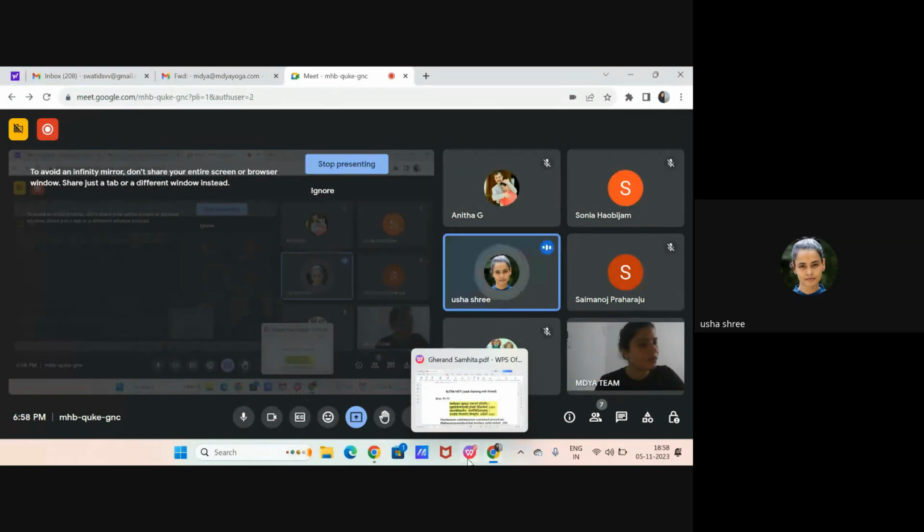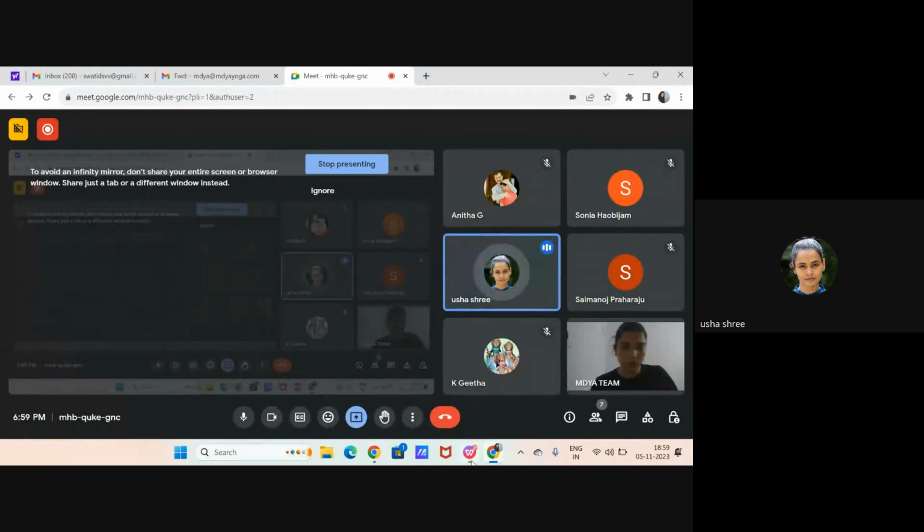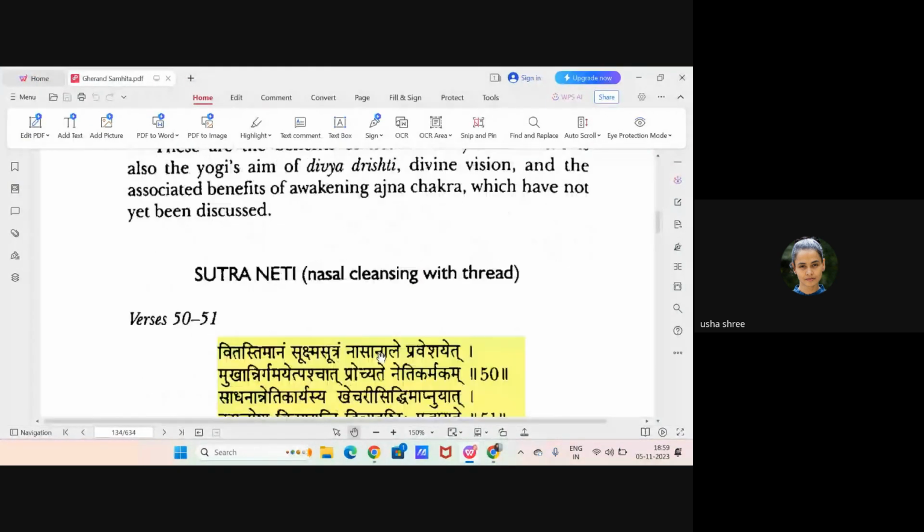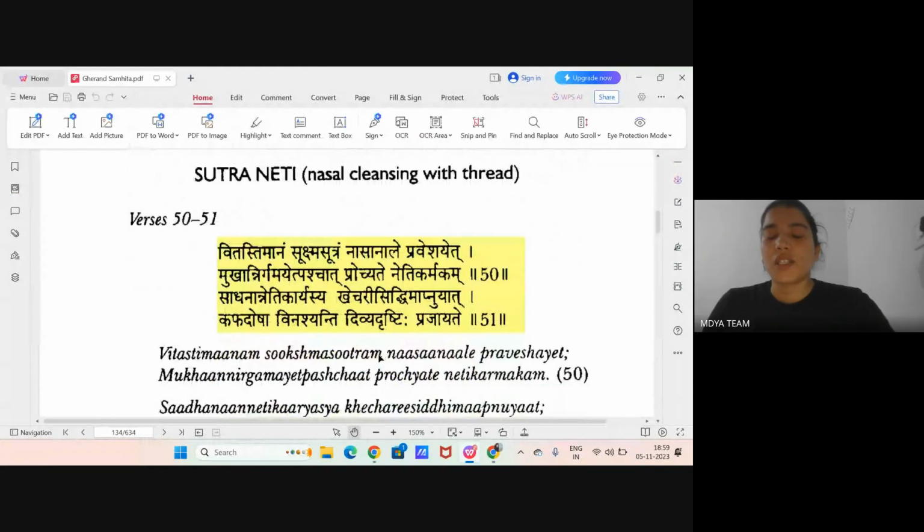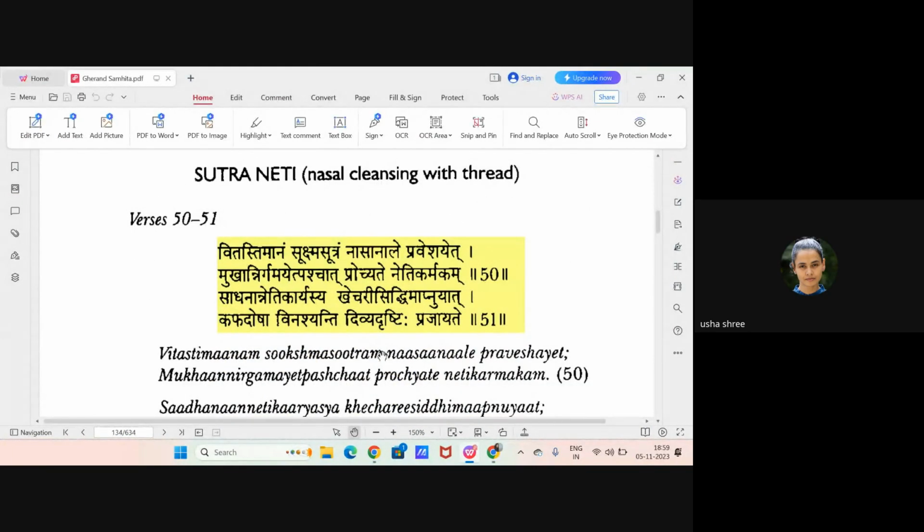Vivardhayet Jataragnim Amavatam Vinashayet, right? They didn't give it in the English description. They just said it removes the diseases of the stomach and bowels and enhances the digestive fire.